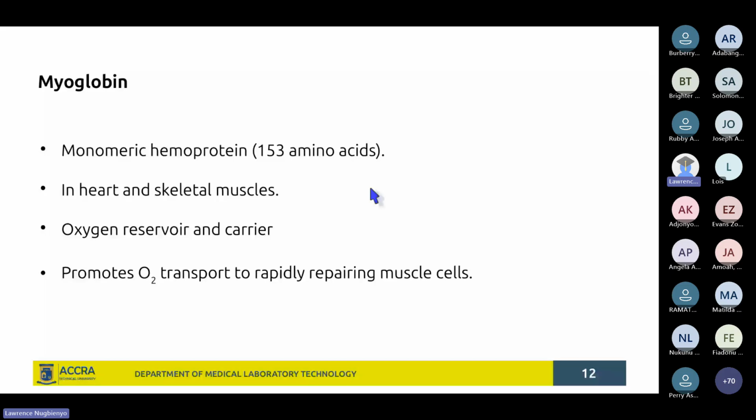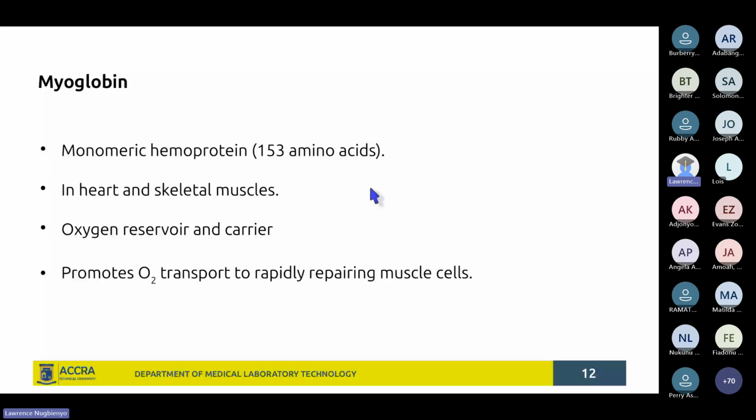Hemoglobin transfers to myoglobin, myoglobin transfers to the cell. So that's that kind of intermediate between hemoglobin and the tissue cells, particularly for damaged tissues requiring rapid repair.